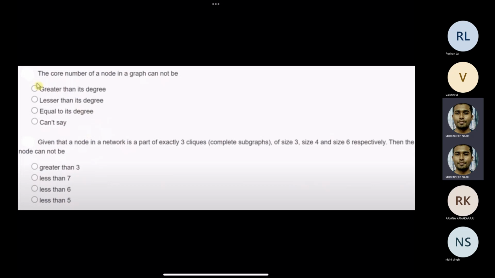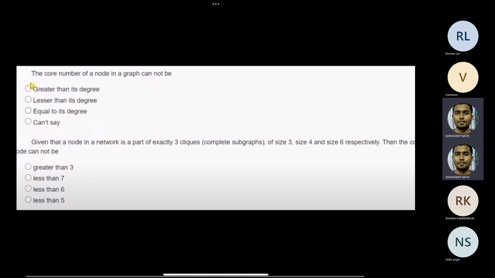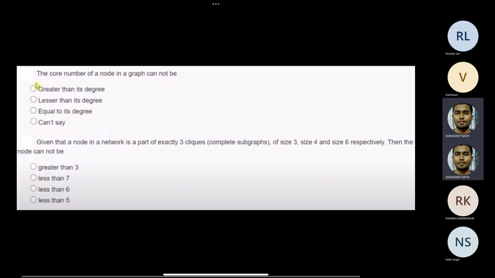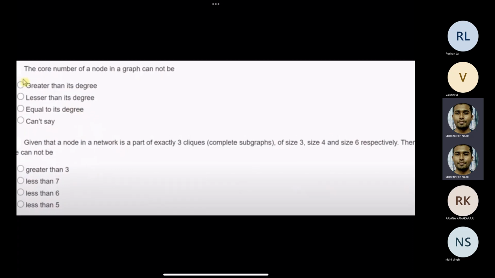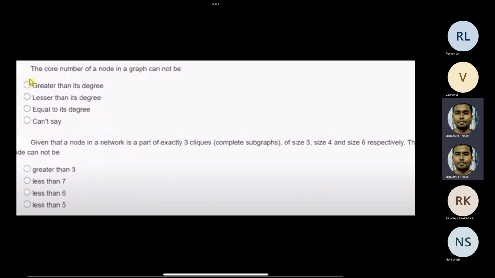If it is greater than 3, therefore option 1 is correct. It can be greater than 3... no, option 1 cannot be correct because of size 3. Size 3 means core size 3, size 4 means core size 4, and size 6 means core size 6.